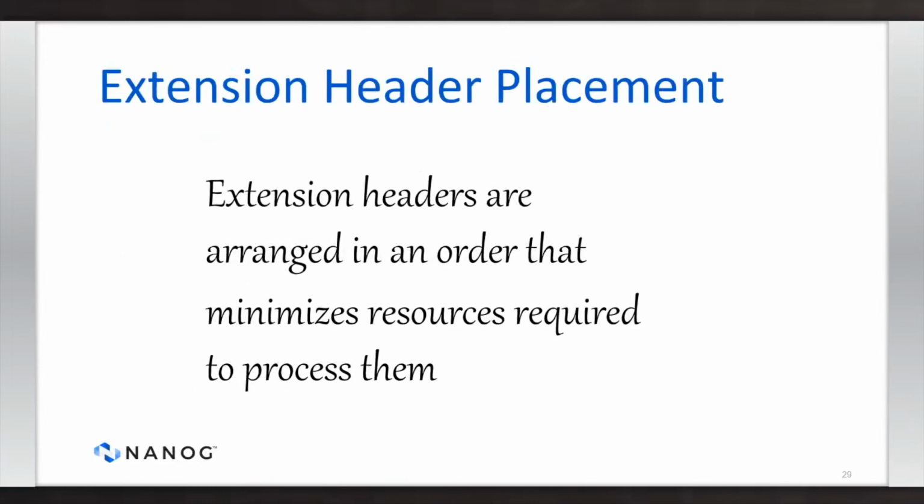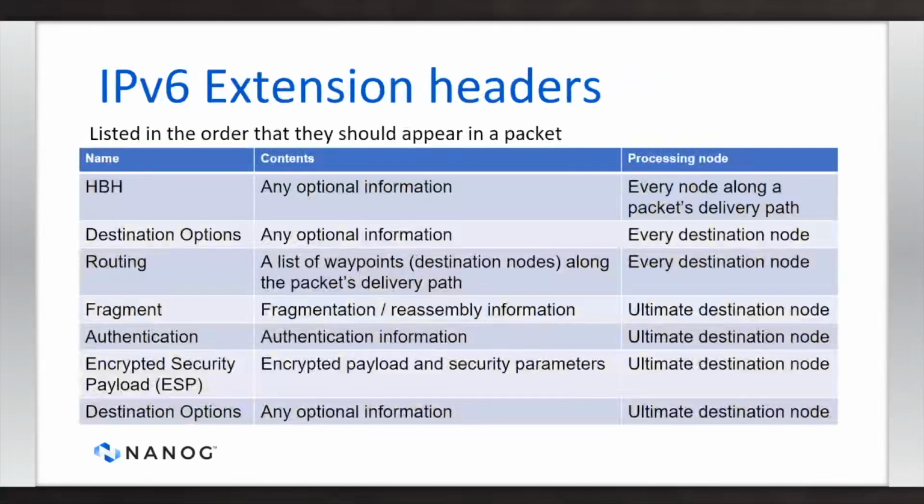Extension headers are arranged in an order that minimizes the resources required to process. And here's the order that they should appear in a packet. HBH, destination, but only if there is a routing header, well, destination before routing, routing, fragment, authentication, ESP, and destination again. HBH is processed by every node along the packet's path.